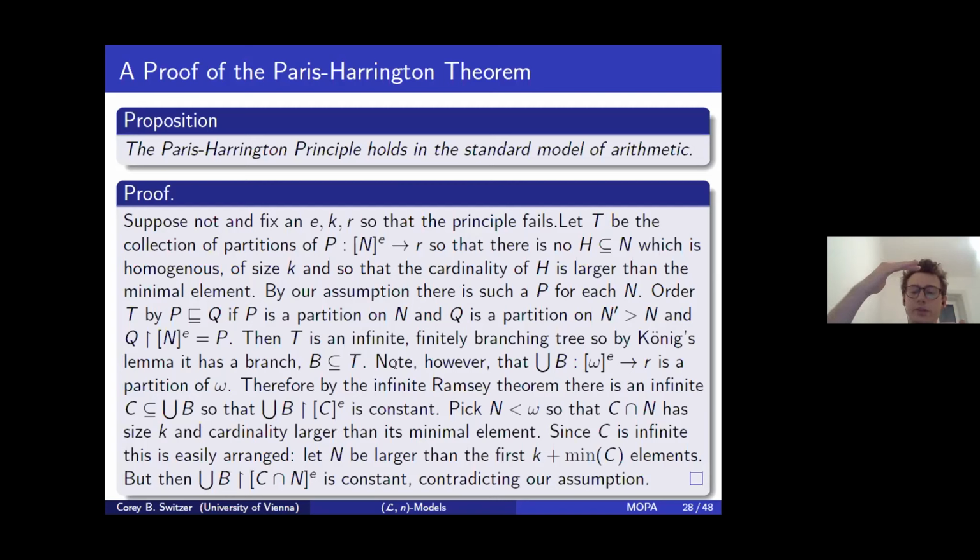All I have to do is find a large enough n so that the infinite set below n has size larger than k and size larger than its minimal element. That's not hard to arrange. But then if I look at my partition restricted to that set, that gives me the homogeneous set on this big enough n that I thought wasn't there. So that's my contradiction.